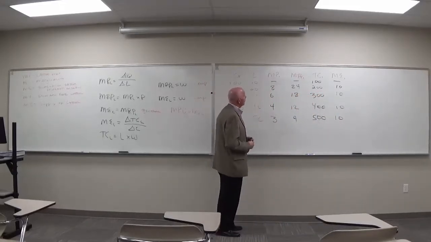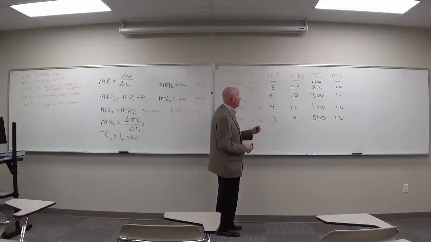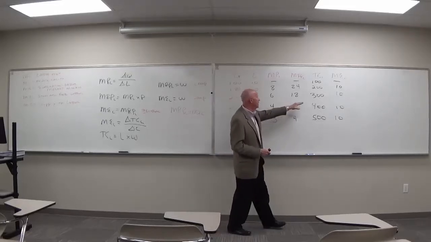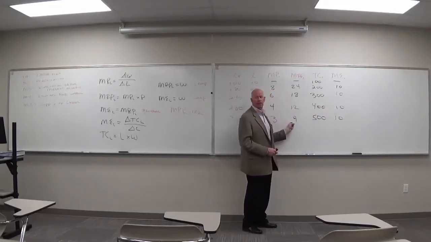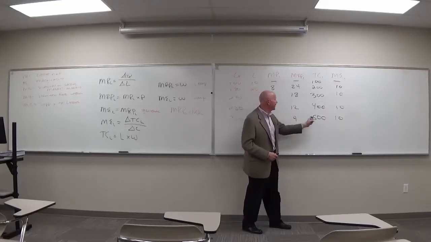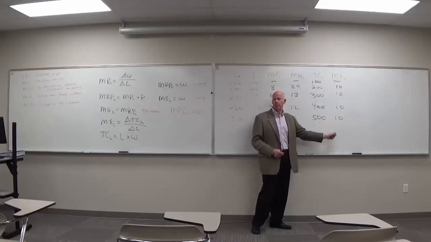Well, we aren't at a point where the marginal revenue product of labor is equal to the marginal expense of labor. Here we are: marginal revenue product is greater than marginal expense, but then the very next item is where the marginal revenue is less than the wage.